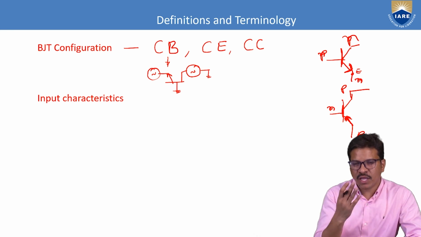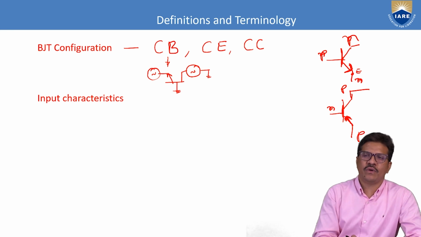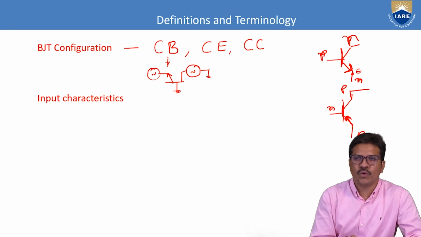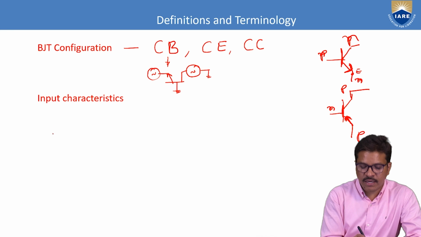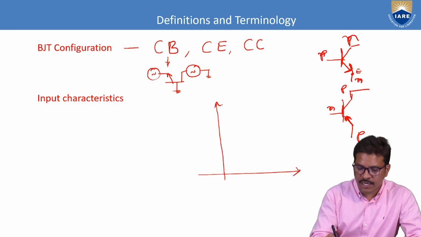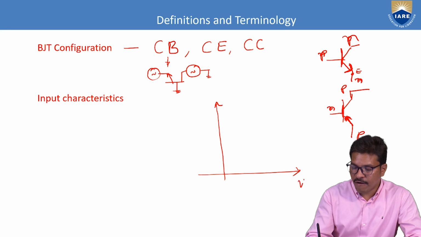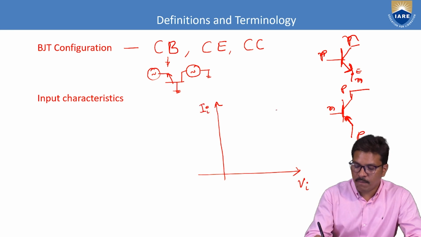From this behavior we can analyze the transistor and apply that analysis to amplifier circuits. So, from the definition, the input characteristic is a graph between input voltage and input current by keeping the output voltage constant.